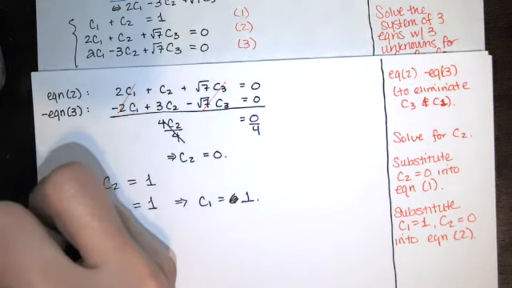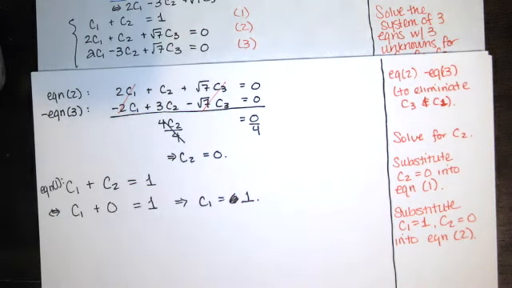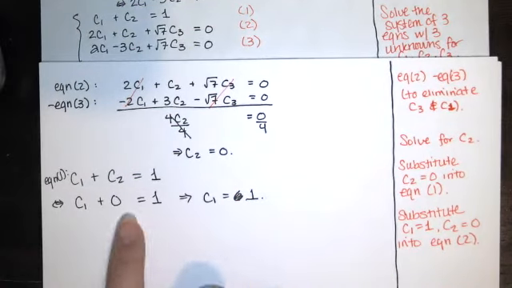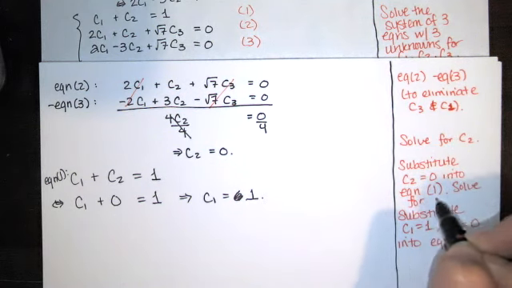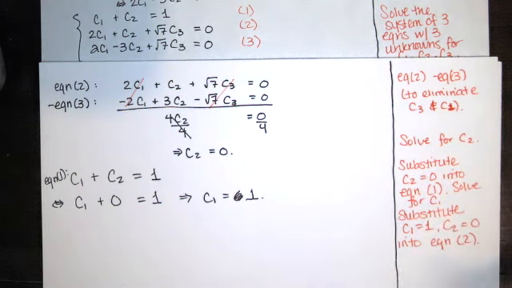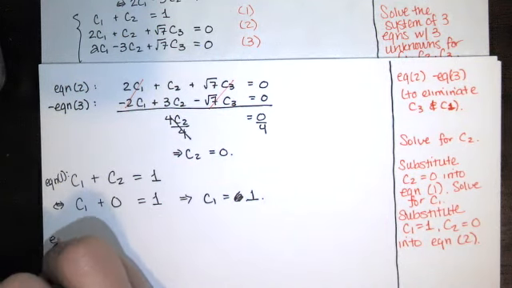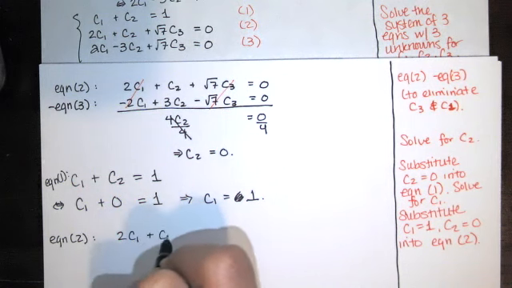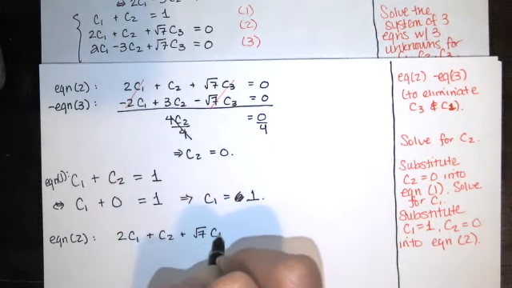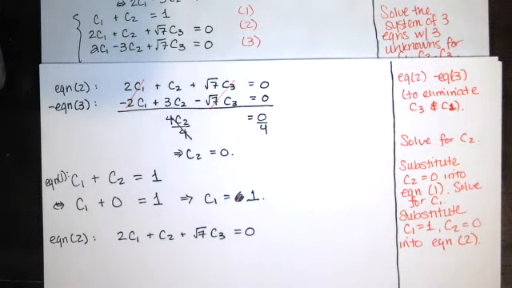So this was our original equation 1. We substituted there and we got C1. And then down here, we want to go to equation 2, and we want to solve for C3. C2 is 0.